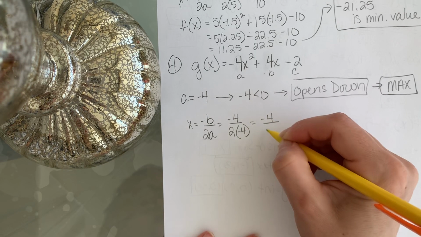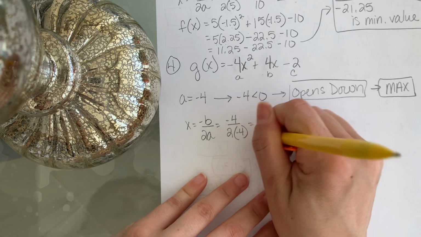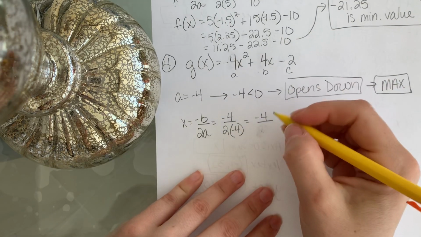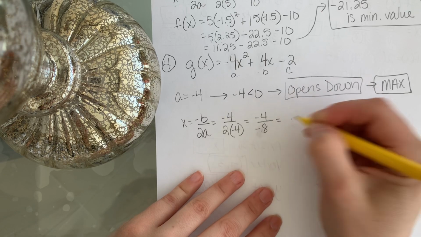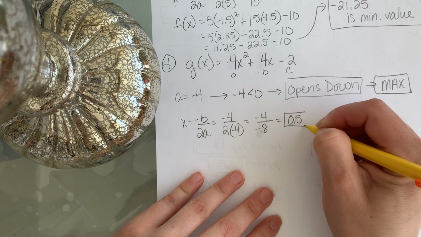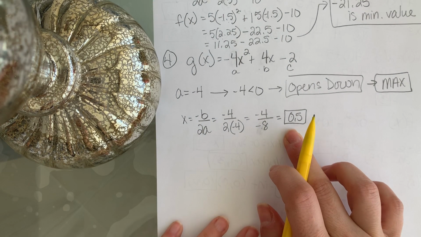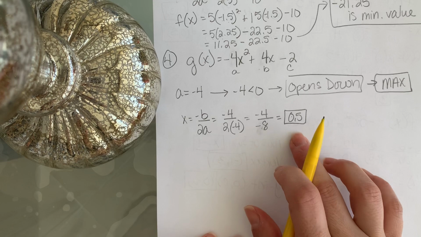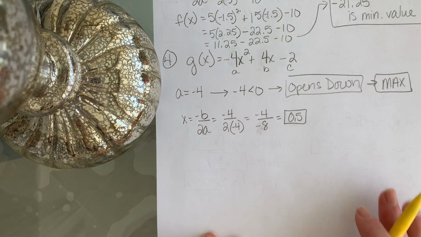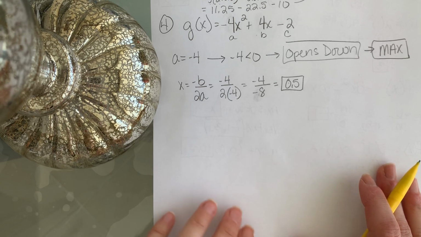Negative 4 over negative 8, which turns out to be a positive 0.5. Okay, so my x value of the vertex is a half, 0.5, and we really need to find our y value because that gives us our maximum value in this case.